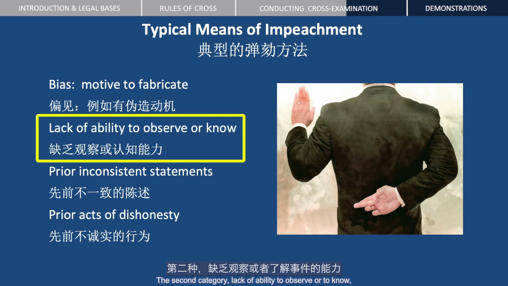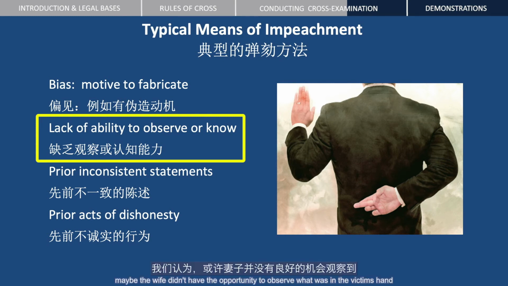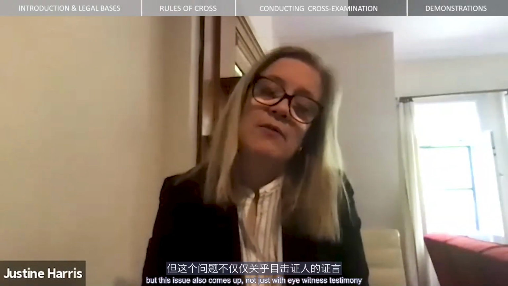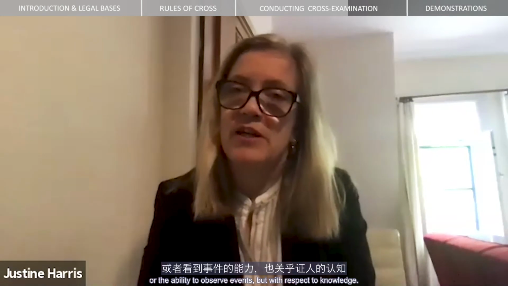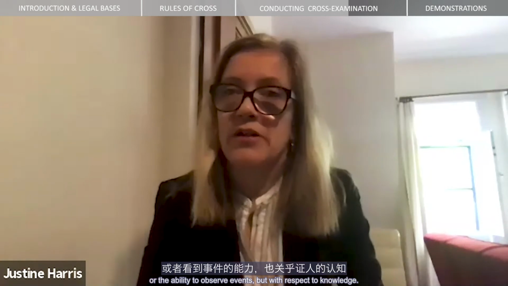The second category, lack of ability to observe or to know. When we talked about the Crawford case, we suggested maybe the wife didn't have the opportunity to observe what was in the victim's hand, whether there was something in the victim's hand. But this issue also comes up not just with eyewitness testimony or the ability to observe events, but with respect to knowledge, right?